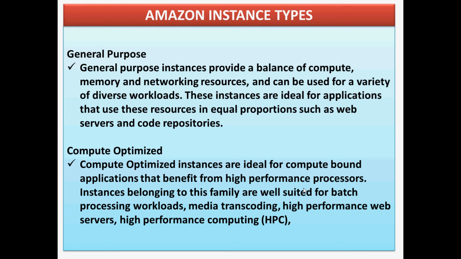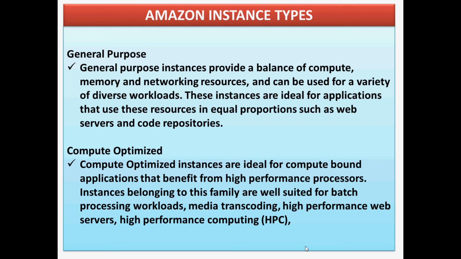Now if we have a program or a project that requires high performance of the processor, then in that case we cannot use the general purpose instance type. We have to choose compute optimized.